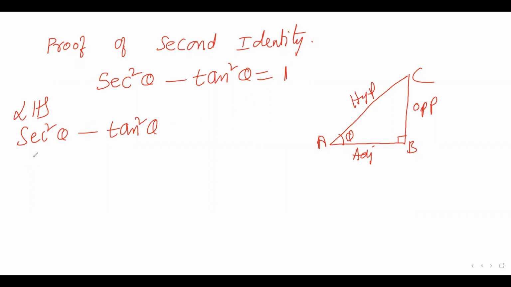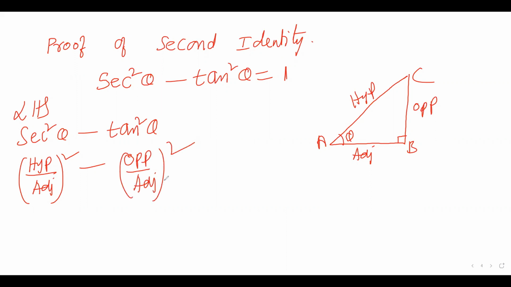So first of all, can you tell what is the ratio of secant? Hypotenuse by adjacent, isn't it? Yes. Tan theta is opposite by adjacent. Give square to both numerator and denominator.